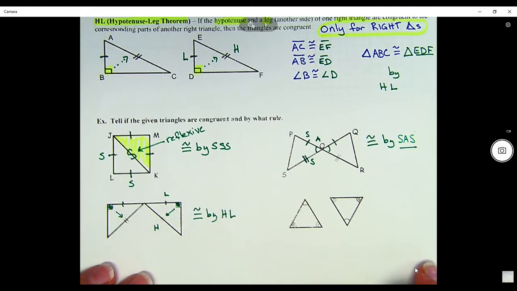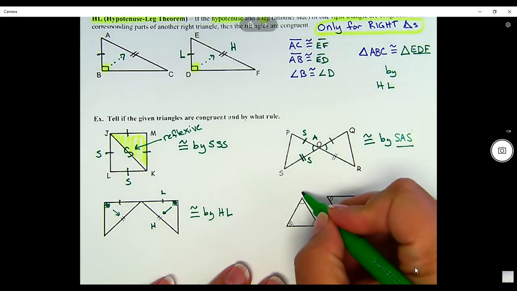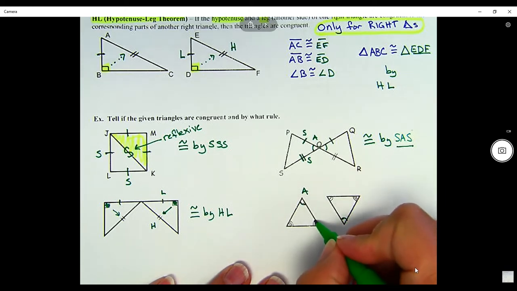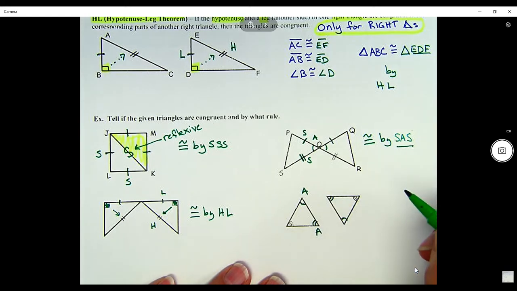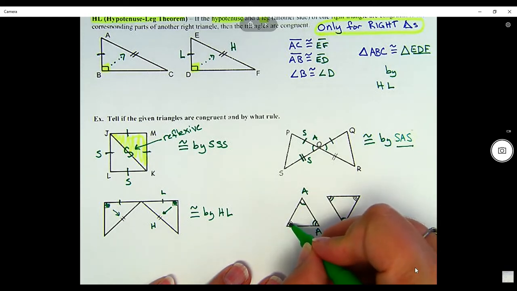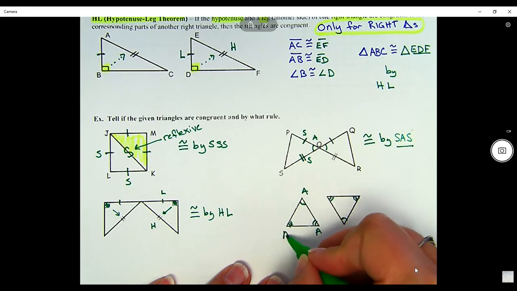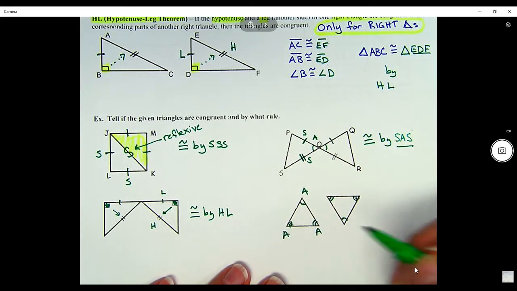The last one has a set of angles that are the same, right? That's one arc on that angle. There's two arcs on this angle, so I have another set of angles. And then this angle has three arcs, just like this angle has three arcs. So I've got angle, angle, angle.